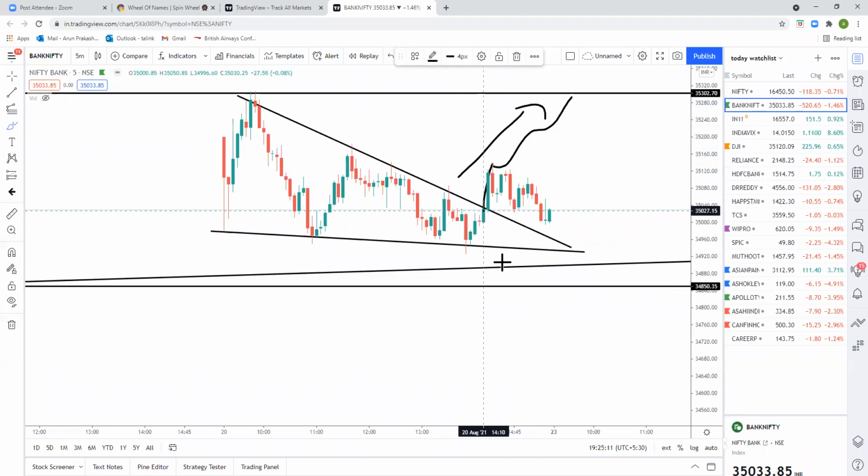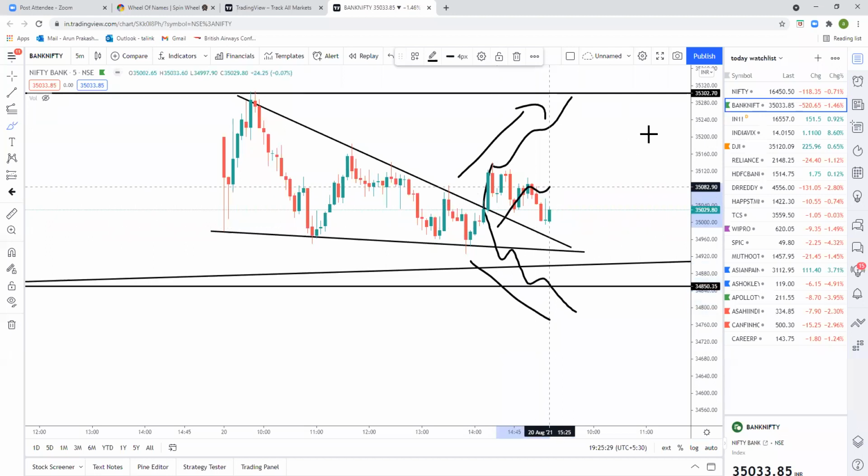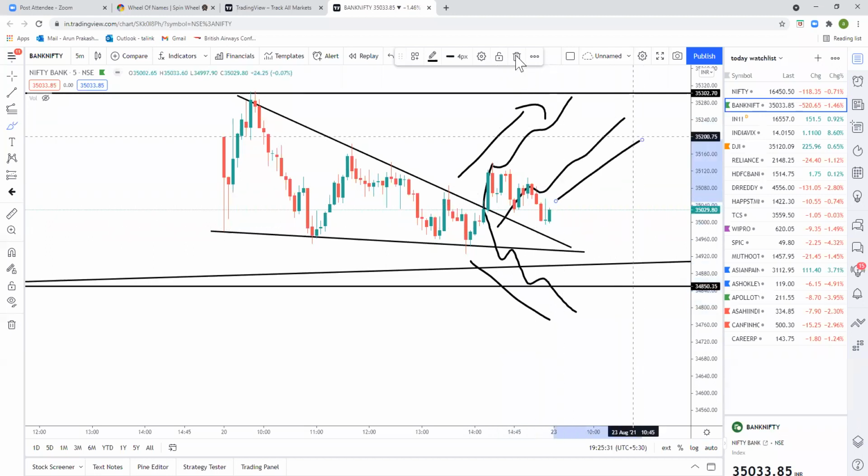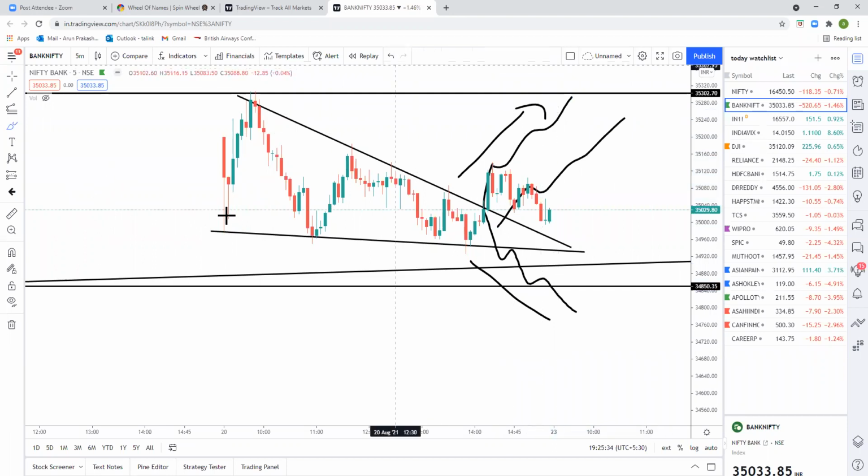Now, when this is giving a breakdown and going down, not many people are comfortable because they would have expected that this pattern would give a breakout. Now it has given a breakdown. This is just a breakdown from the pattern. Just because you were on the long side, you cannot expect every pattern to just break out and go up. There are certain patterns which will break down from a triangle. There are certain stocks which will break down also.